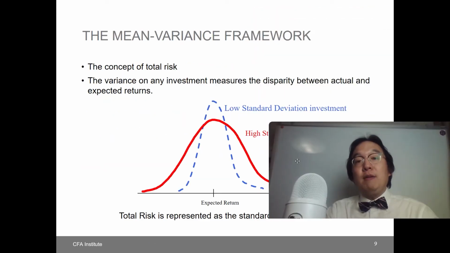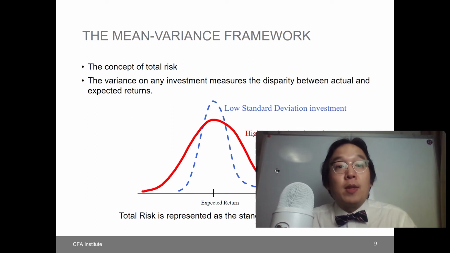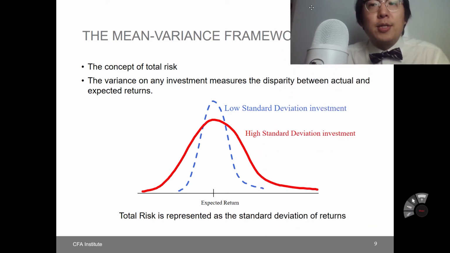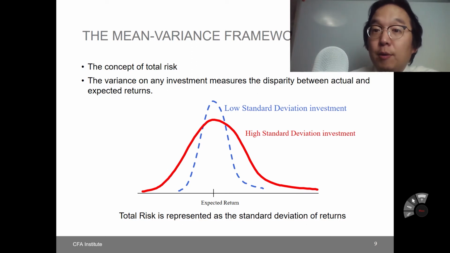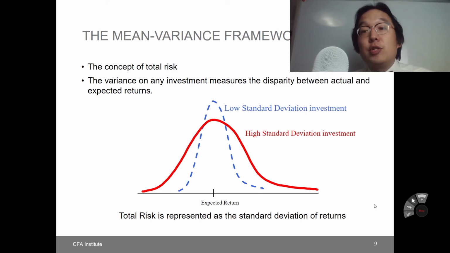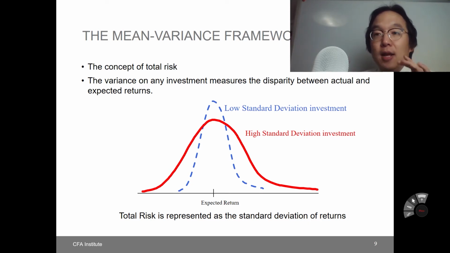Now, the mean-variance framework. Here's the concept of total risk. To think about risk, you should first be able to compute the return. I found some cases where students try to compute risk based on the price itself.